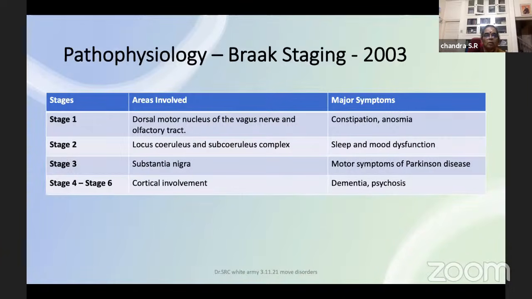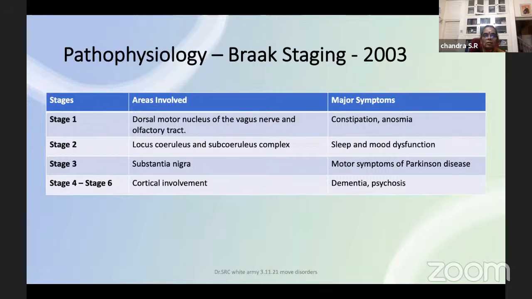And so we have this pathophysiological staging. That is why nowadays we say that smell is the earliest sign; the patient's sense of smell becomes impaired. He may show complaints like constipation, which may be ignored. So the earliest change is taking place in the dorsal motor nucleus of the vagus and the olfactory tract, and that results in constipation and reduced smell.